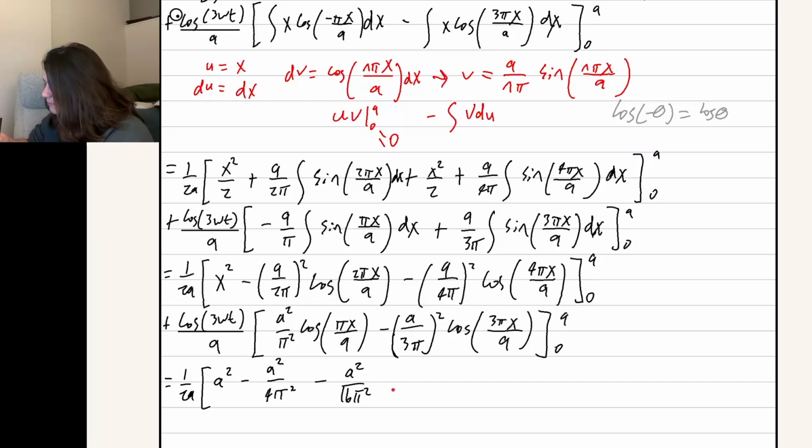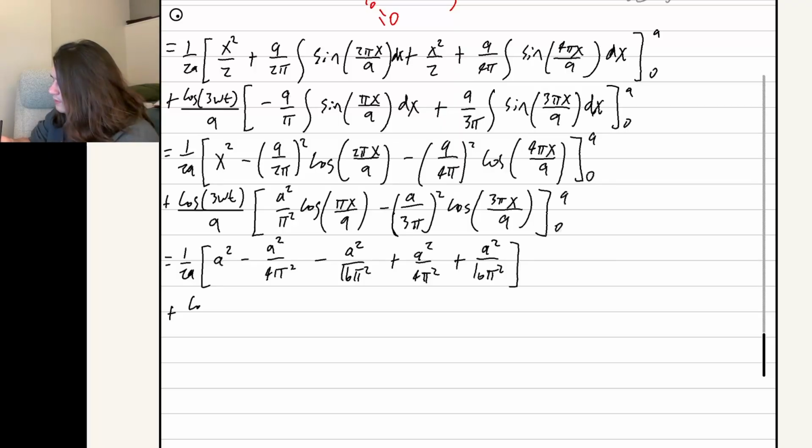We got 0, and then we got plus a squared over 4 pi squared. Cosine of 0 is 1. And then we got plus a squared over 16 pi squared. And then cosine of 0 is 1. So that's it for the first term.